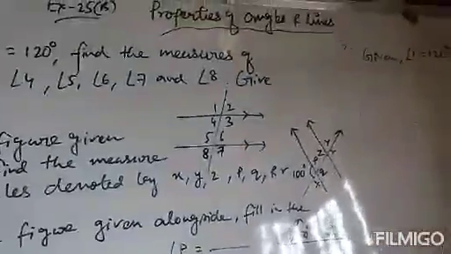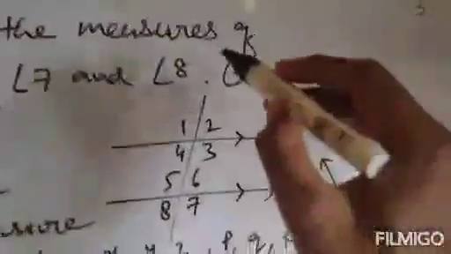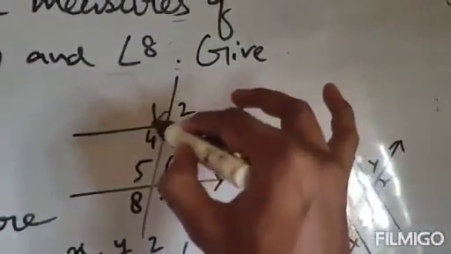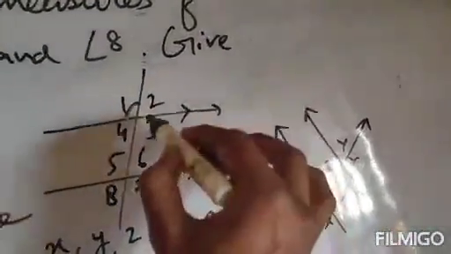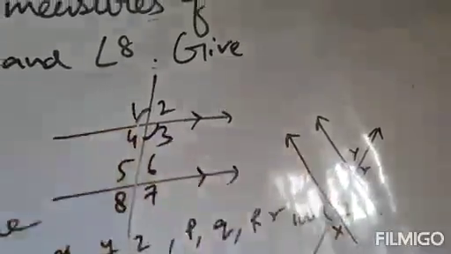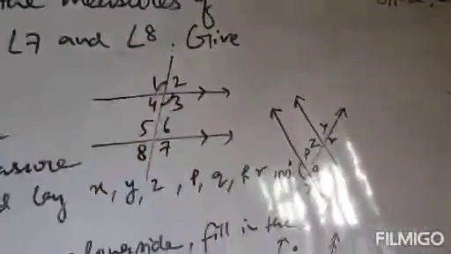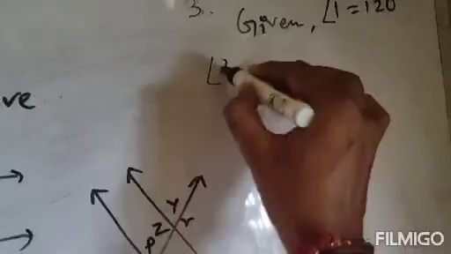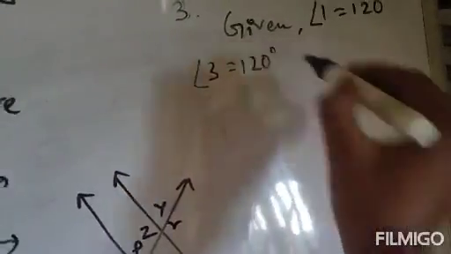If angle 1 is 120 degrees, this is the angle 3, so angle 3 is also 120 degrees because these are vertically opposite angles. Clear?